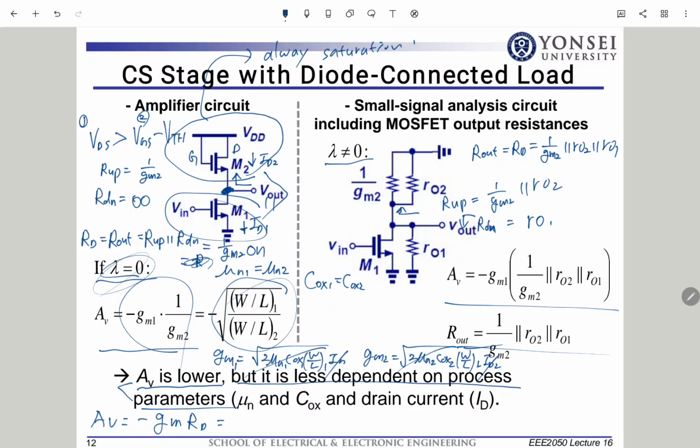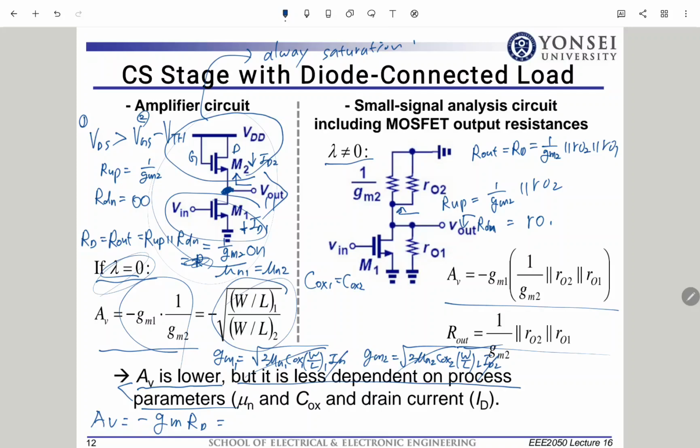Is this cascode stage? No. I said a diode connected load is not a cascode stage, right? Therefore, this transistor configuration is not a cascode stage, so it does not give us really high voltage gain.